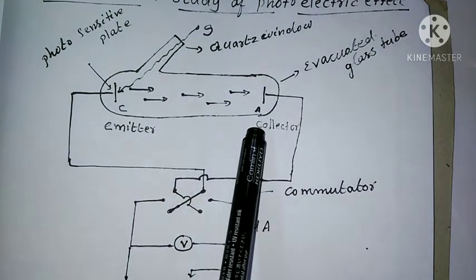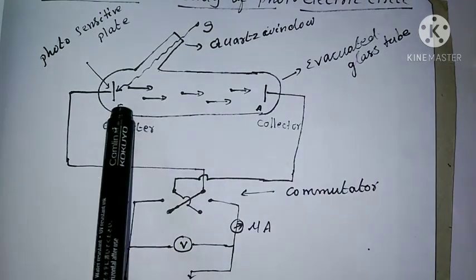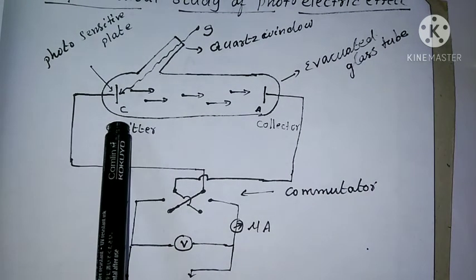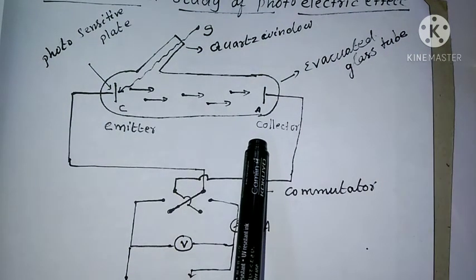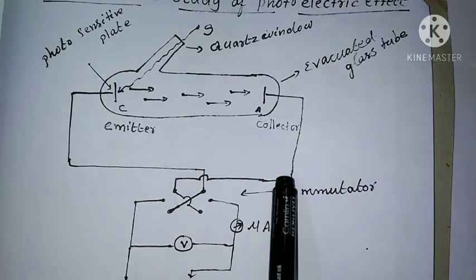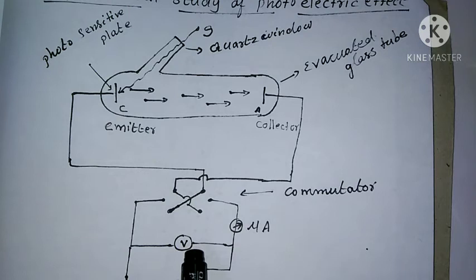Only the most energetic electrons emitted from the emitter are able to reach the collector. Because of this, the photocurrent decreases rapidly.